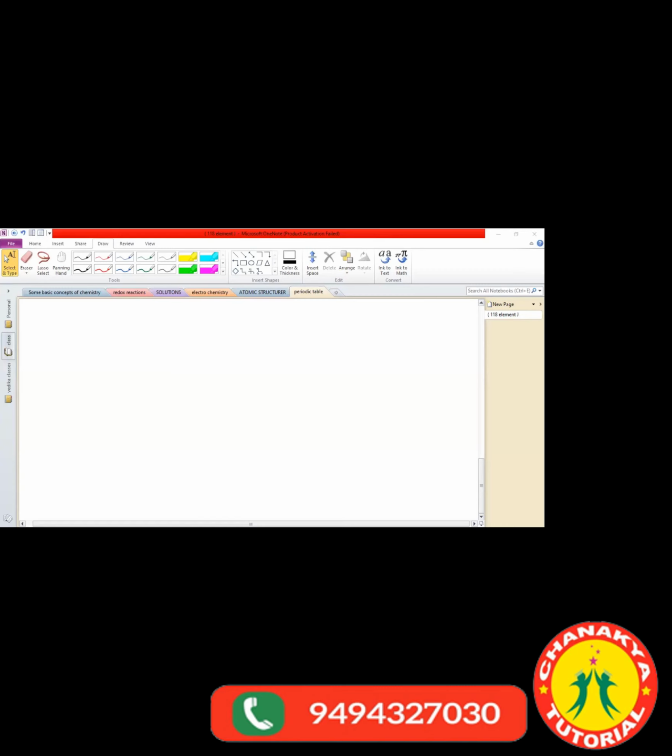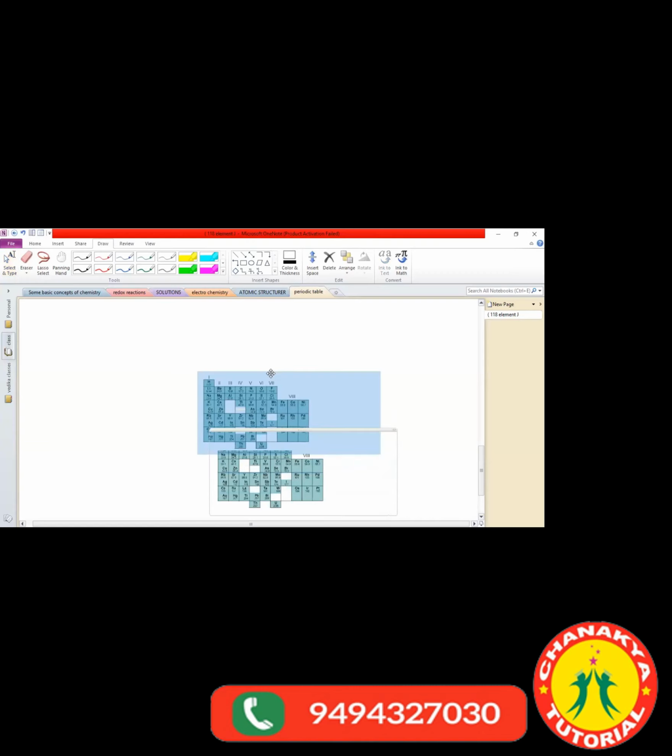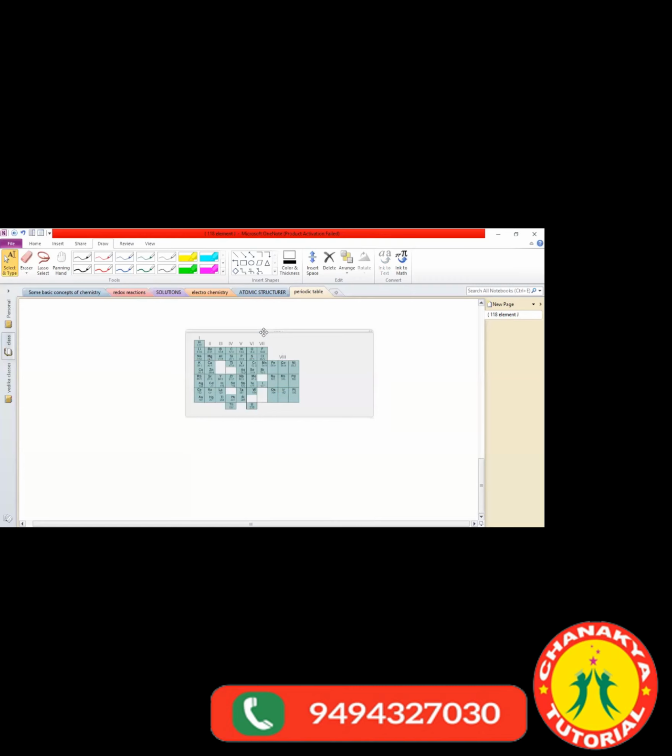Searching for the correct one. All of you are able to see the image?